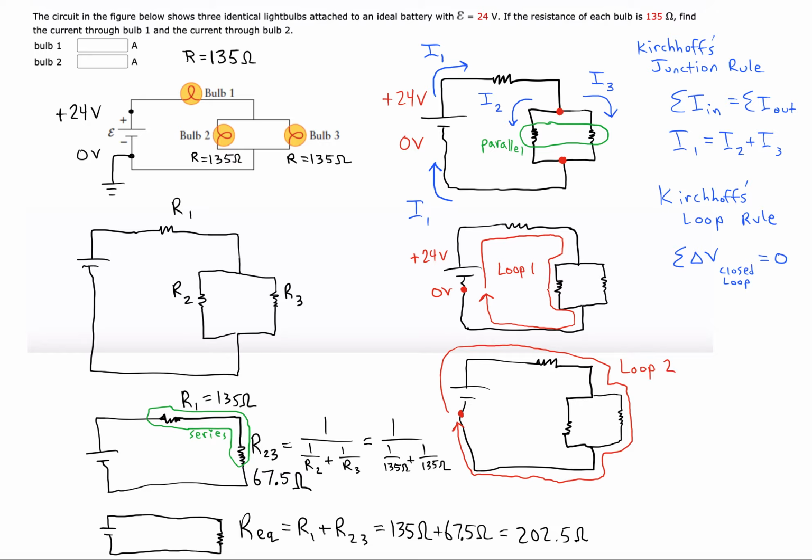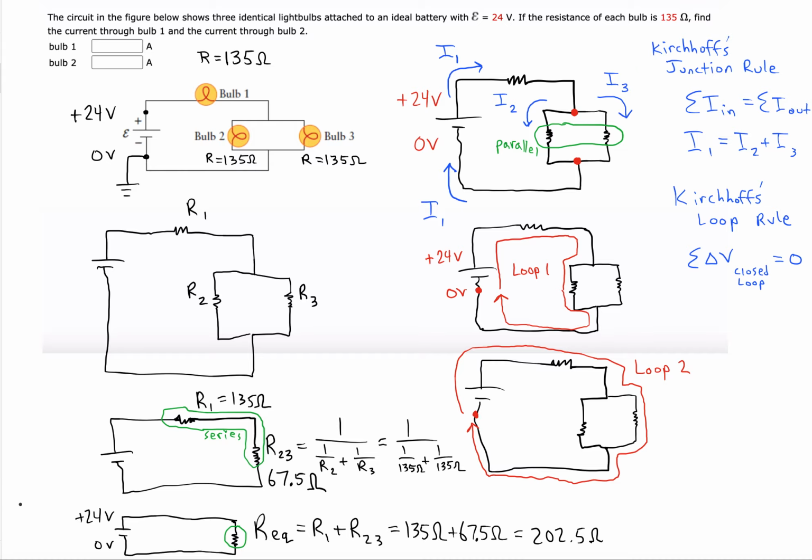All right, now our job is going to be to find these currents, and that'll allow us to finally answer the question of what is the current through bulb 1, what is the current through bulb 2. We know that we've got 24 volts across our equivalent resistor here. So we just want to zoom in on it and use Ohm's law on it. According to Ohm's law, I1 equals delta V over REQ.